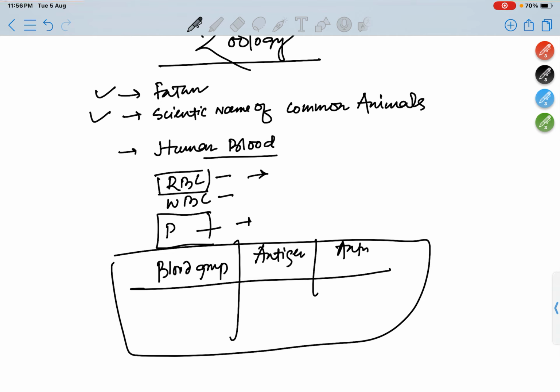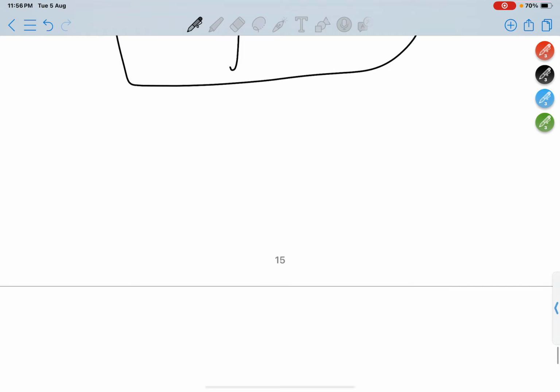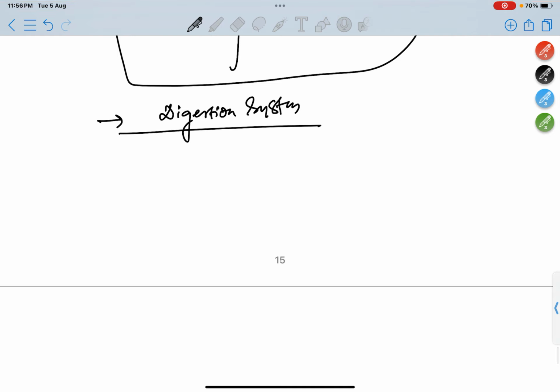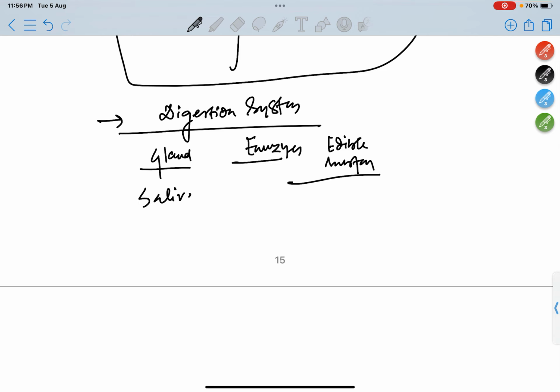Then digestive system, you don't have to read anything. You should know one thing. In the digestive system, there are some glands, there are some enzymes, and edible substances. Suppose there is a gland, saliva.